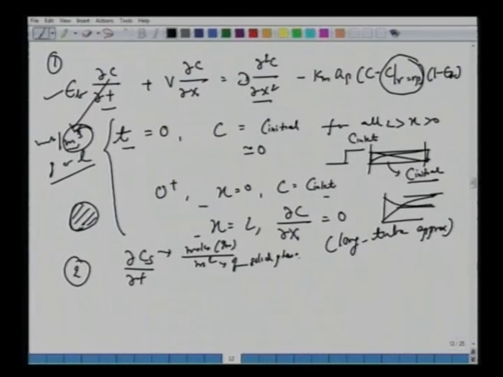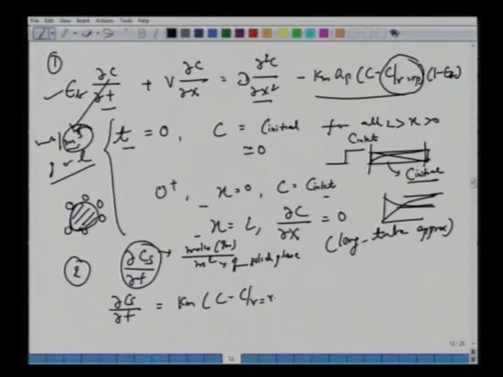So now we are making a balance on this solid phase because certain species are getting adsorbed. Whatever flux gets into this, that's the same as ∂C_s/∂t, which is k_m (C minus C at r equal to R_p).